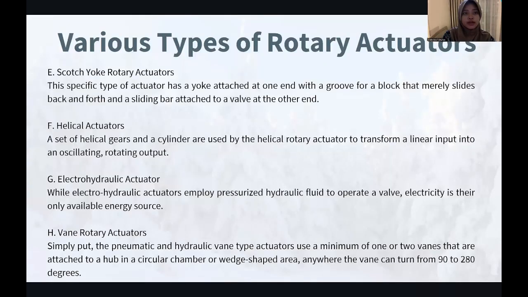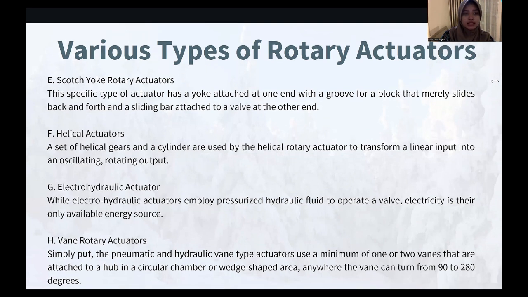Okay, next, various types of rotary actuators. Scotch yoke rotary actuators. This specific type of actuator has a yoke attached at one end with a groove for a block that slides back and forth, and a sliding bar attached to a valve at the other end. Helical actuator.